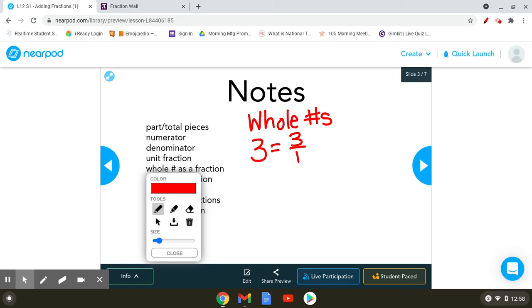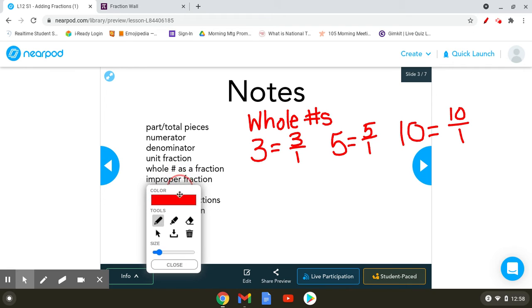That means 3 wholes. The number 5 would be 5/1. If I had the number 10, it would be 10/1. You can write any whole number as a fraction just by giving it the denominator of 1. This means 3 wholes, 5 wholes, 10 wholes.